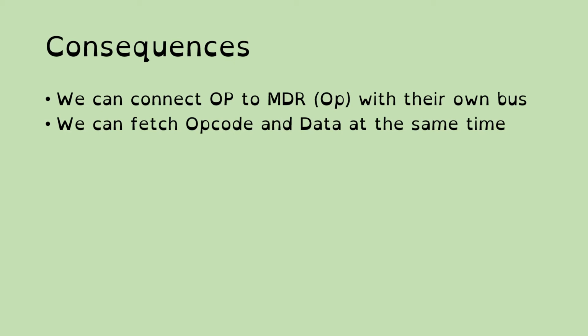We can stick the memory address register in once, because it's used for both of these data stores, and we can pull out the opcode and the data at the same time. And the opcode is going to go through its own particular bus, and the data can come through the general bus into the data register.